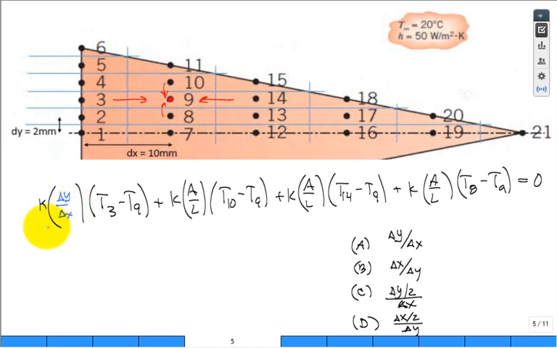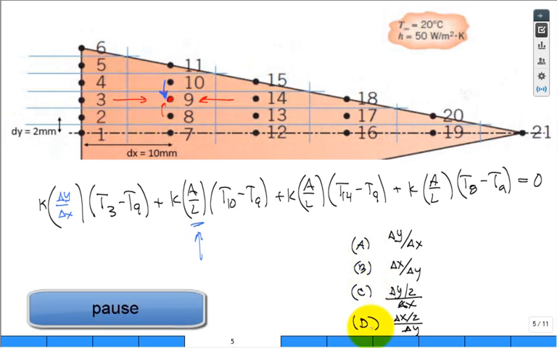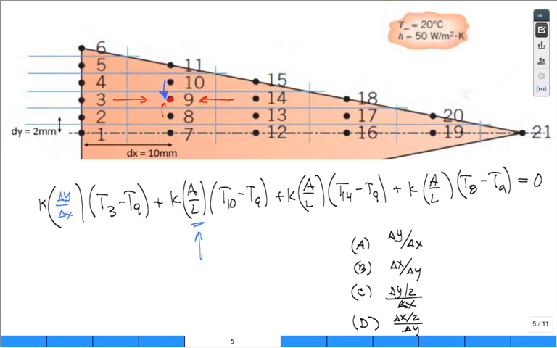Now, let's do 10 to 9. That's this one, from 10 to 9. What is the correct area to length ratio? Is it A, B, C, or D? Well, let's take a look at our results.